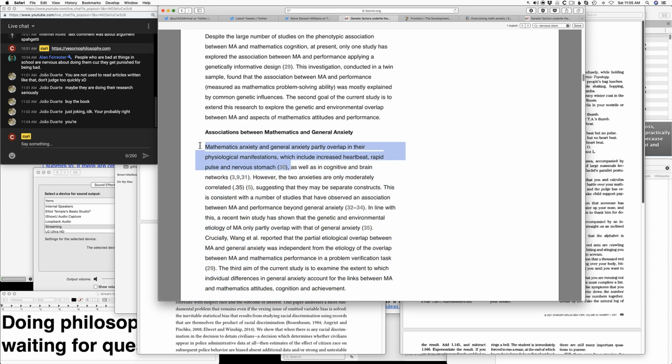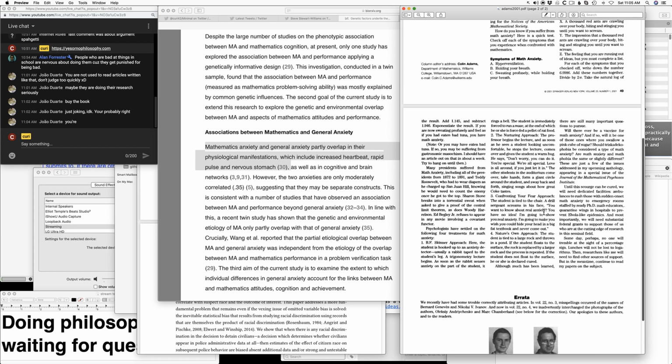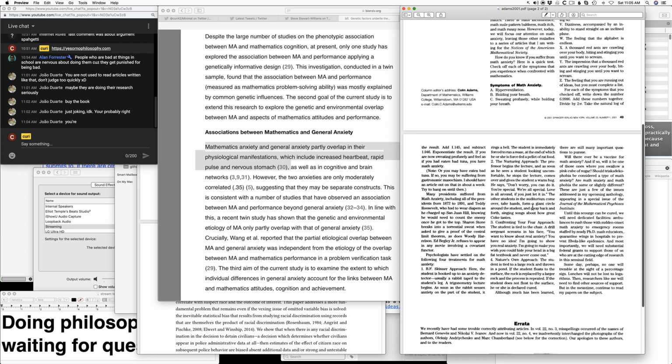Okay, so when I read this, I thought they meant there is like scientific research in which they associated these things. Like, I think that's what they're suggesting. This is actually short enough to just skim. Like, the whole thing's a joke. Will there ever be a vaccine for math anxiety? And if so, will it be one of those you should swallow a pink cube of sugar?